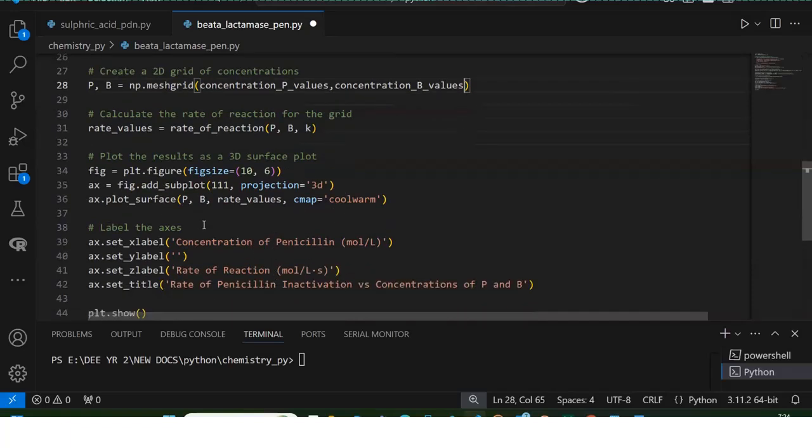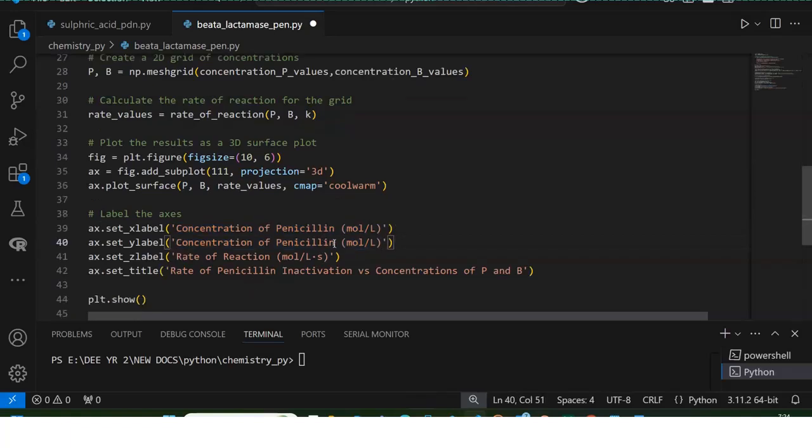So the others are now labeling the axes. The x-axis is labeled as concentration of penicillin, and then concentration of beta-lactamase is what we are going to put on the y-axis.